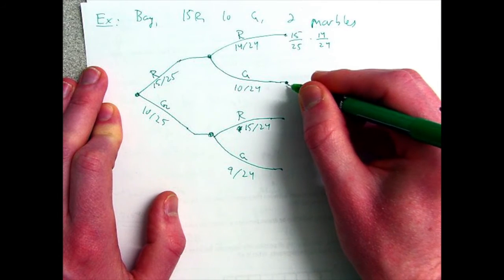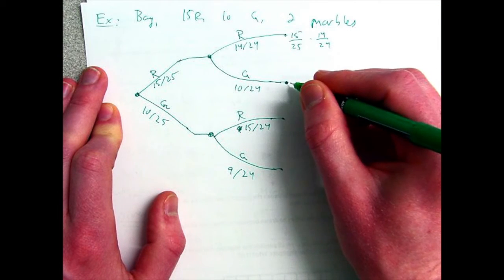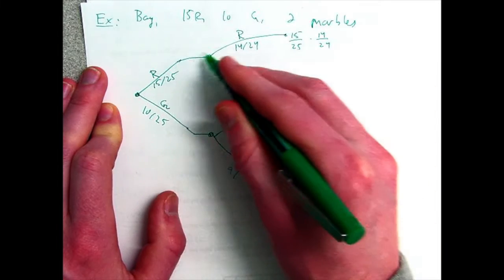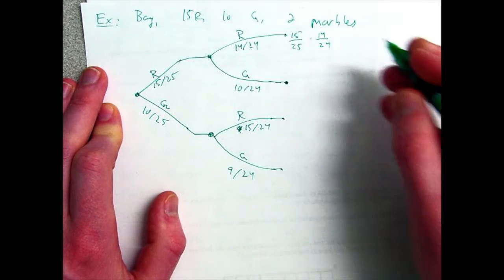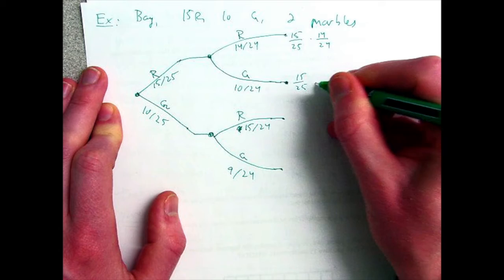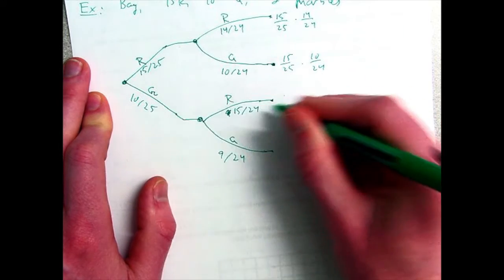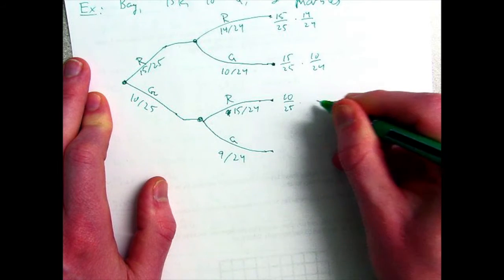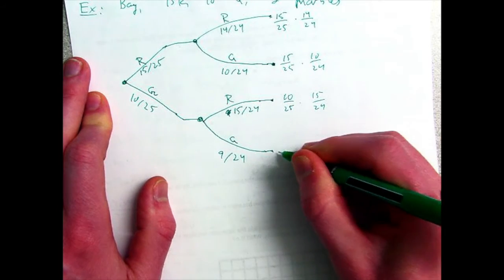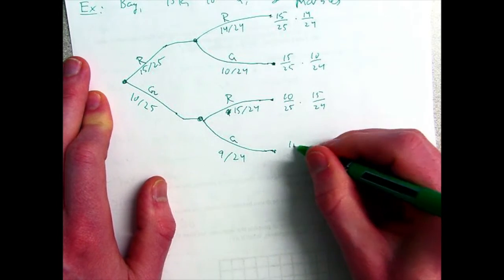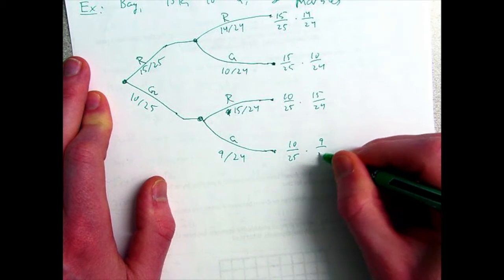I'm going to write another number here, which is the product of all the numbers along this path, right? The path ending at this point. That would be 15 out of 25 times 10 out of 24. And then same thing here. That would be 10 out of 25 times 15 out of 24. And then finally 10 out of 25 times 9 out of 24.